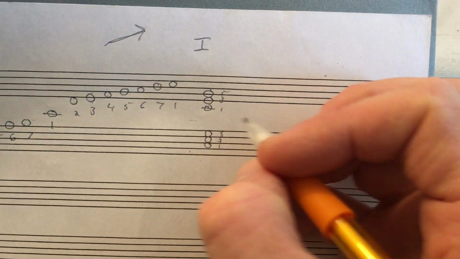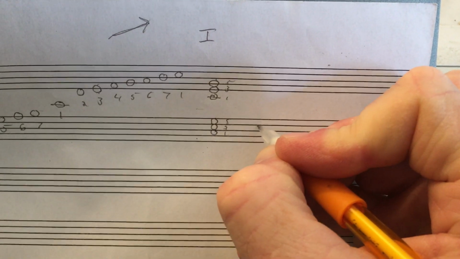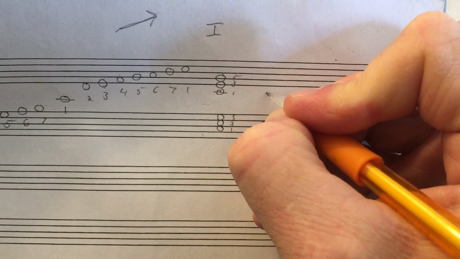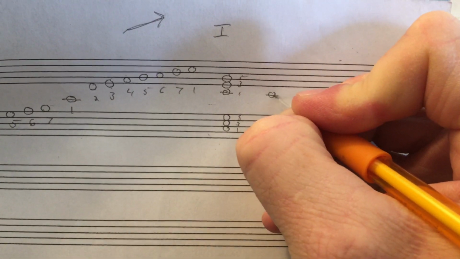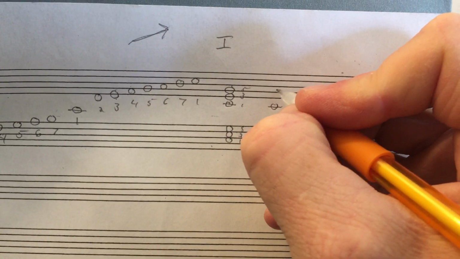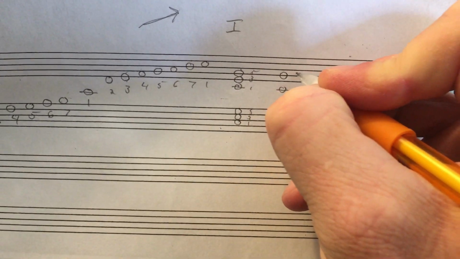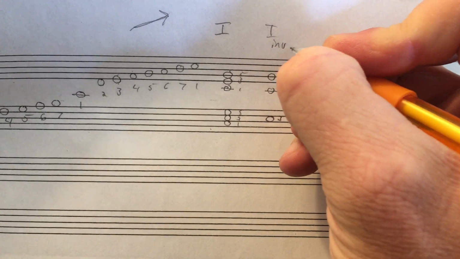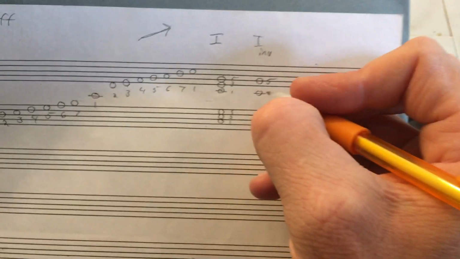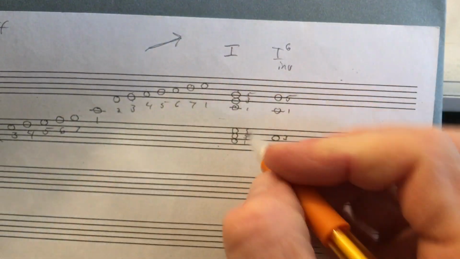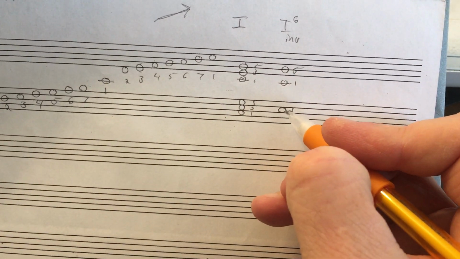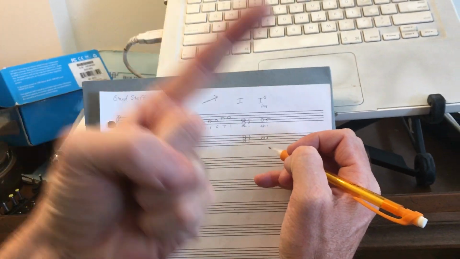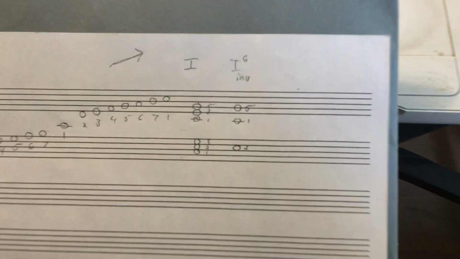So, with inversions, I'm going to put E on the bottom, 3. I'm going to put C in the middle, that's 1, and then I'm going to put 5 on top. That is the 1 chord in an inversion. And if we want to get real technical, this is in what is called 6 inversion, because it is 6 notes between E and C. E, F, G, A, B, C. That's 6 notes, so that's called a sixth.